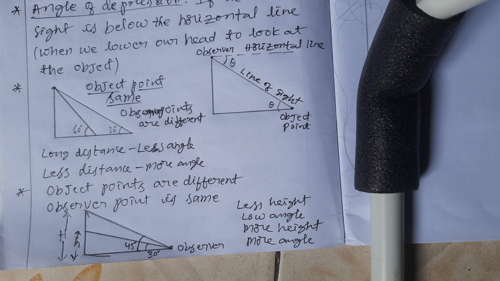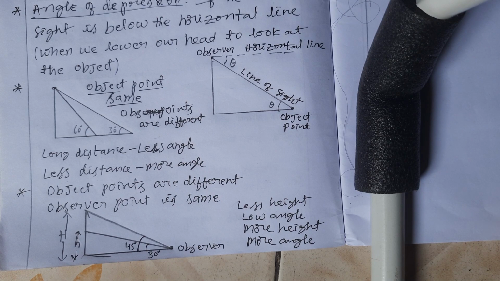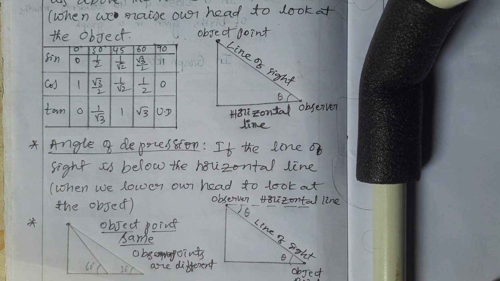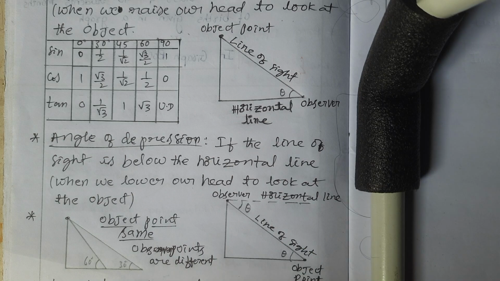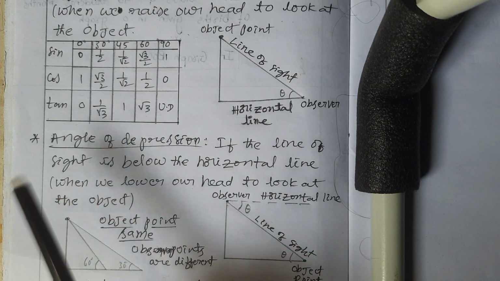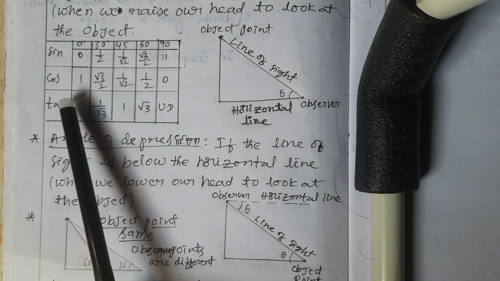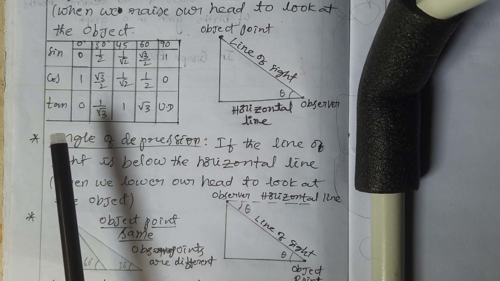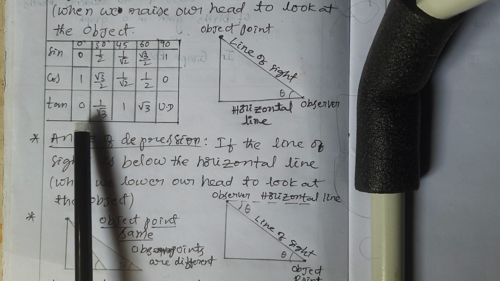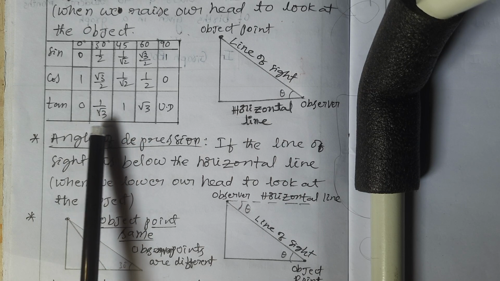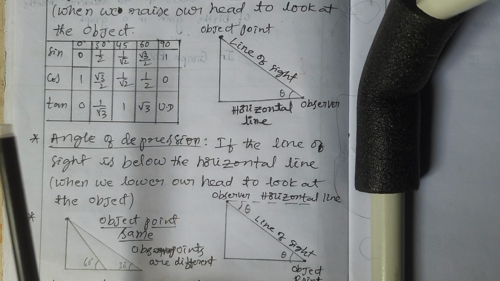Another important thing while doing sums: we need to learn the concepts. You already learnt in the Introduction to Trigonometry chapter the values of sine, cos, tan. Mostly in the sums we use tan, because opposite by adjacent mostly comes.